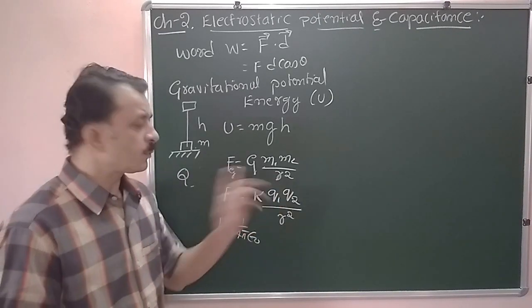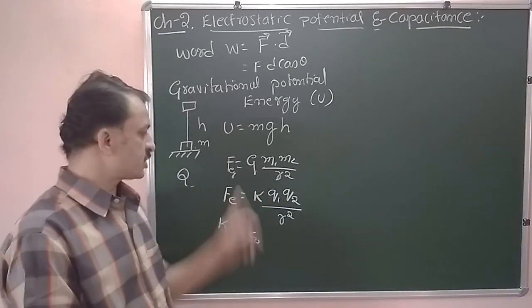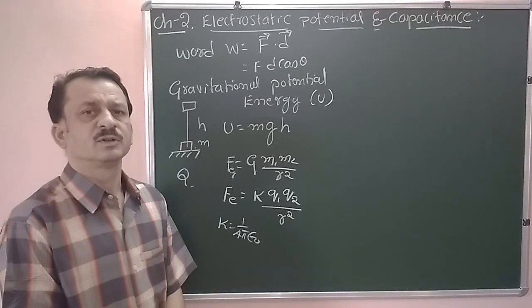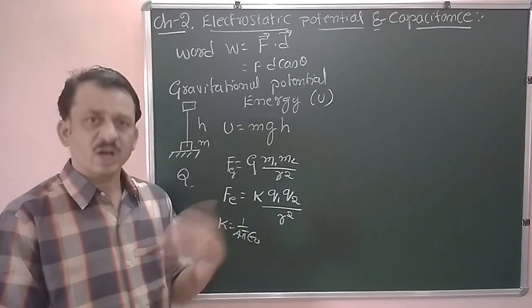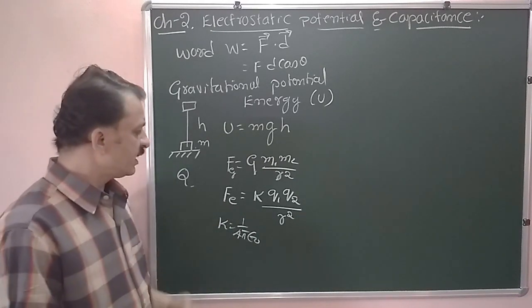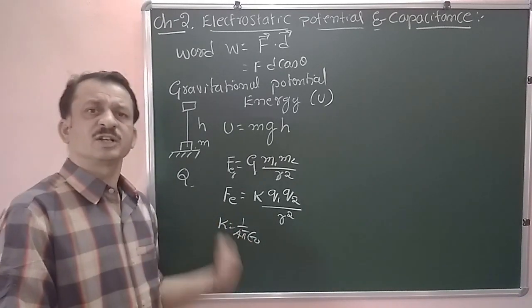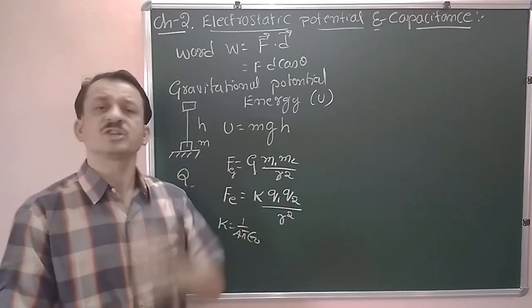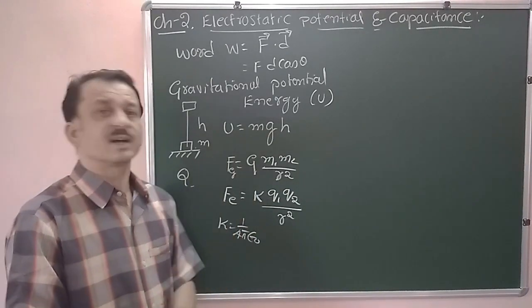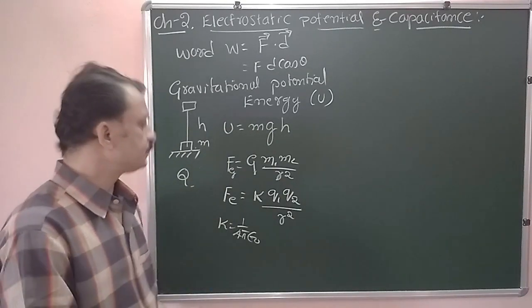That means they are inversely proportional to the square of the distance of separation. Therefore, with this similarity, we are going to study electrostatic potential energy in electric field similar to gravitational potential energy in gravitational field.